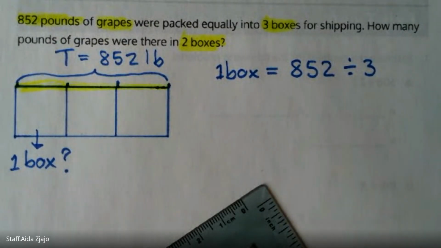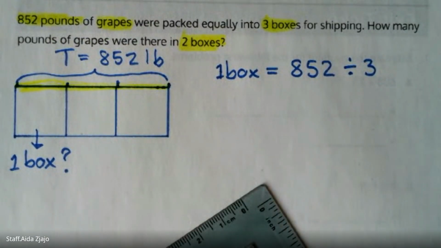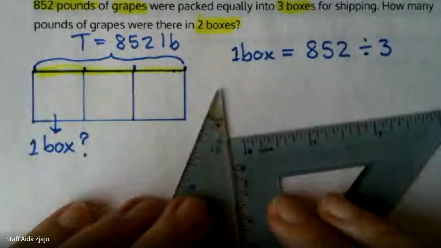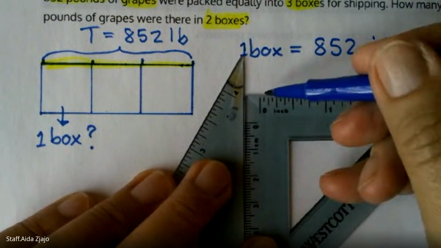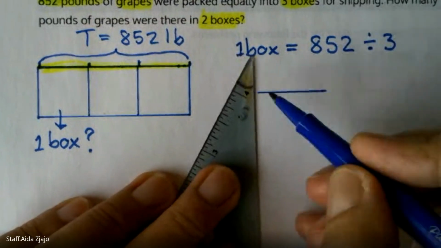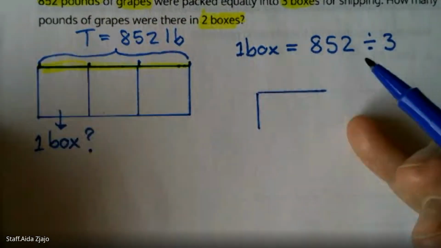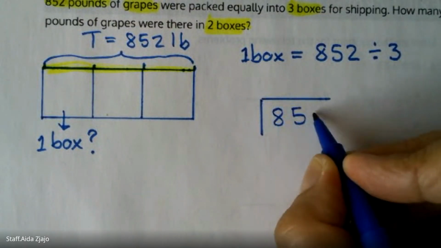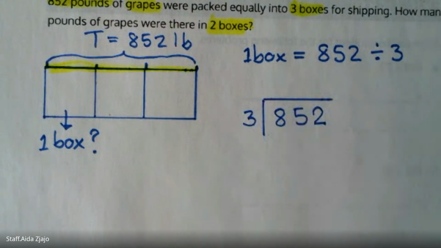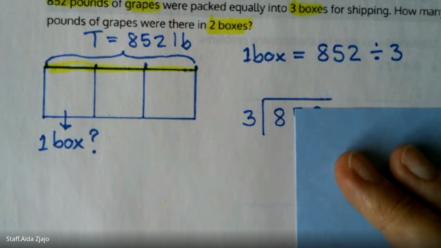You need to learn that in 4th grade, but let's just do the standard algorithm now and then we'll see how that matches. So if I needed to divide 852 into 3 groups, we could do one number at a time.